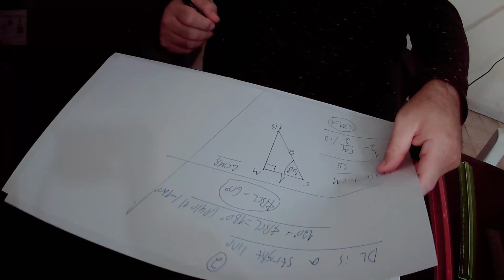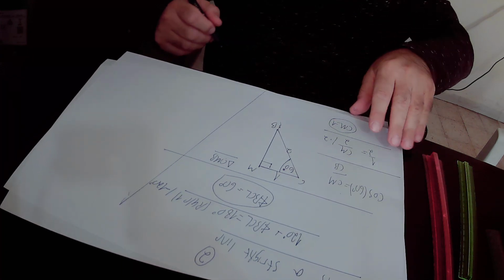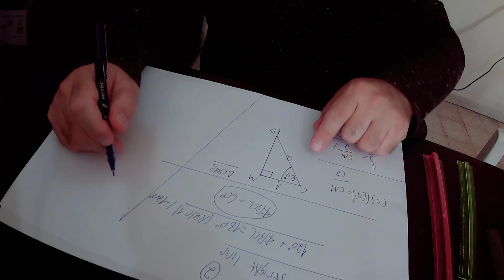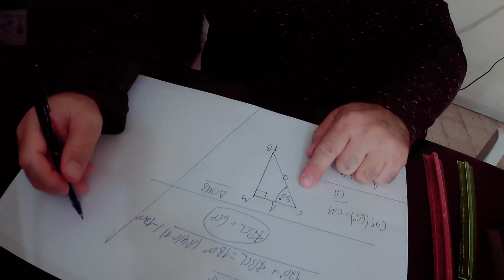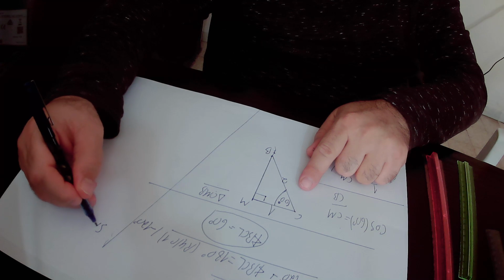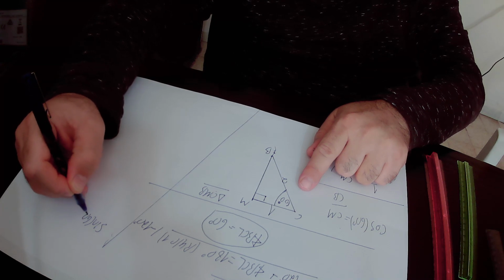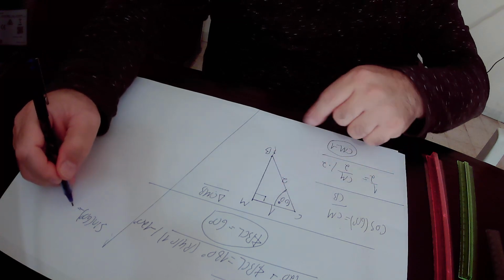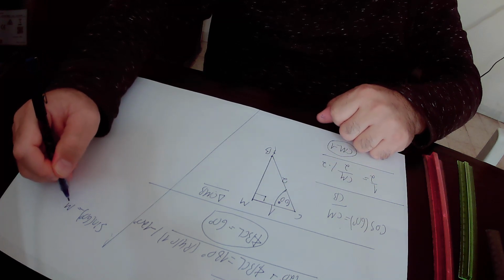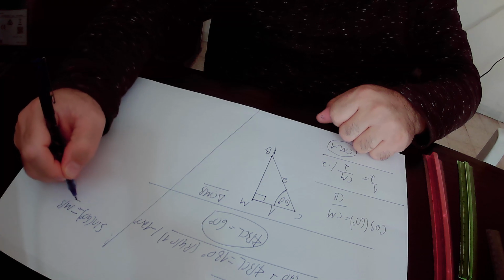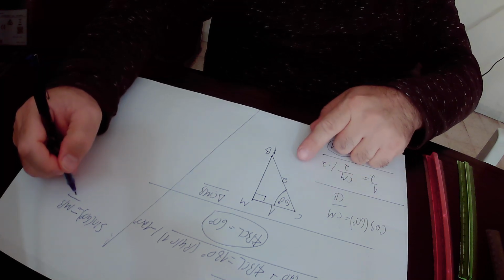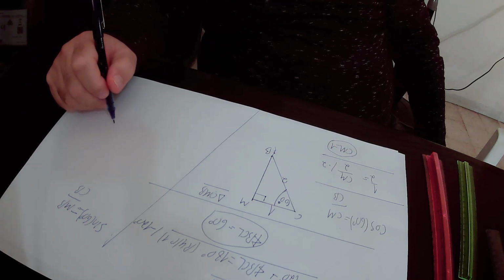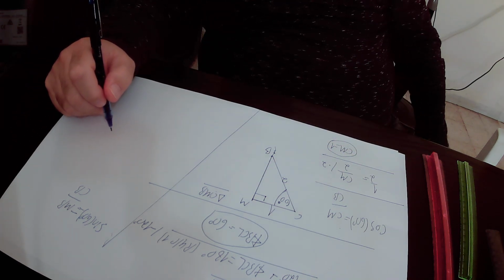Likewise, if we continue to focus on the right triangle CMB, in this right triangle, sine 60 degrees equals MB over the hypotenuse CB.